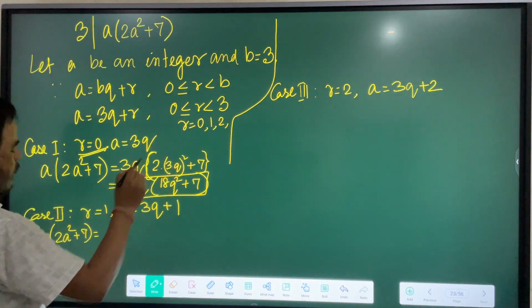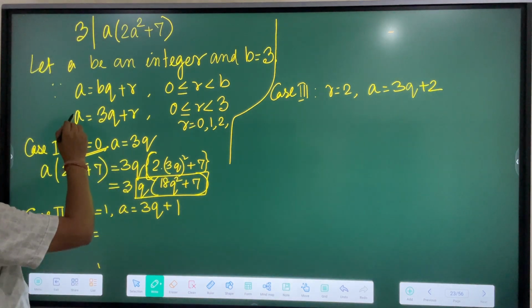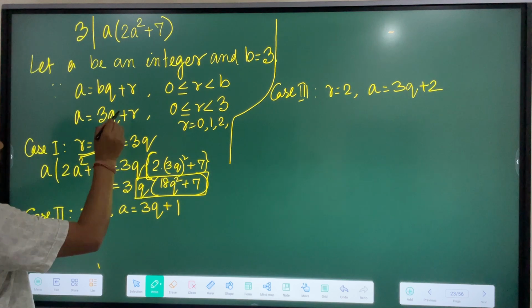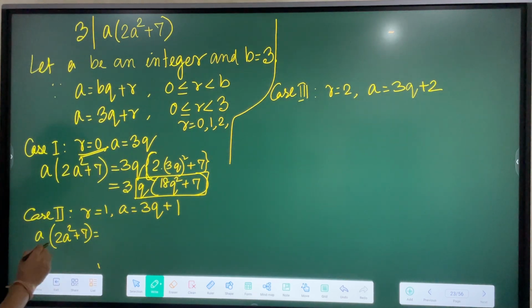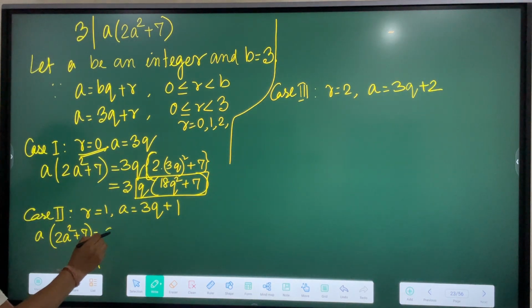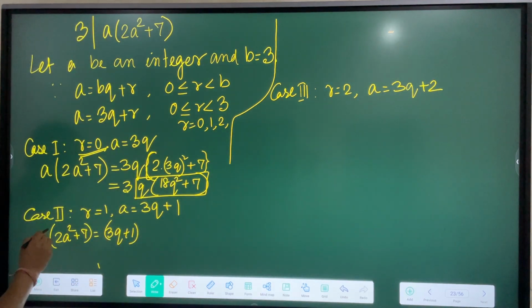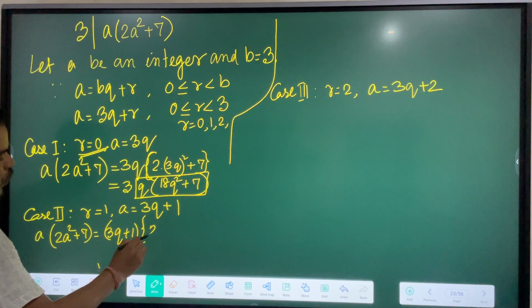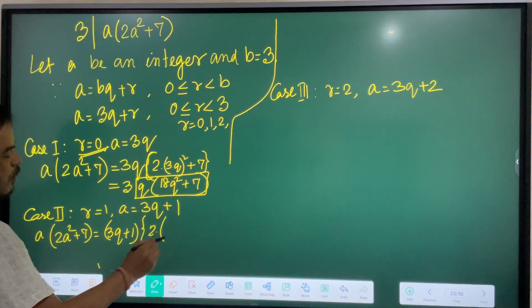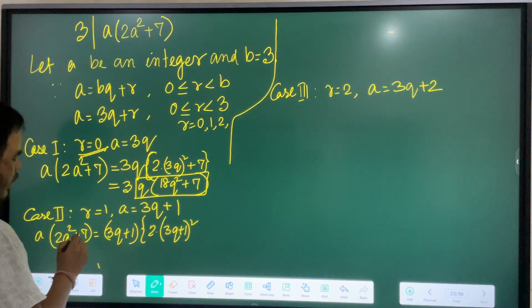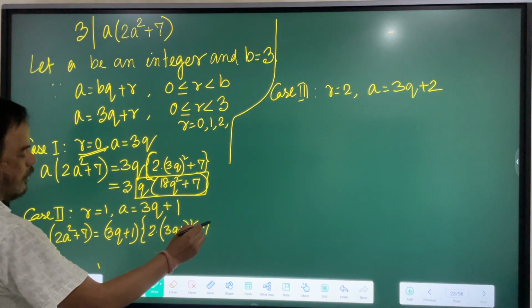Now r equals 1. If in place of r we put 1, then a equals 3q plus 1. Now we will write a as 3q plus 1: 3q plus 1 into 2 into 3q plus 1 whole square plus 7.